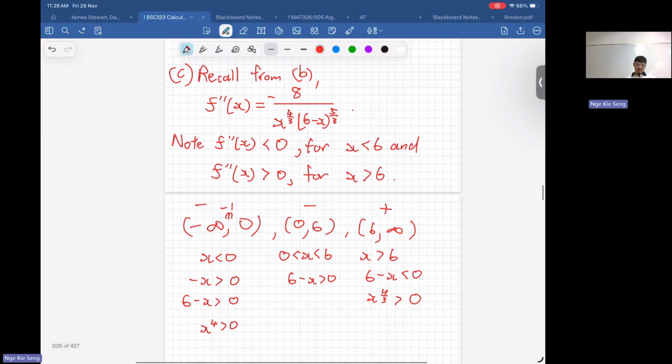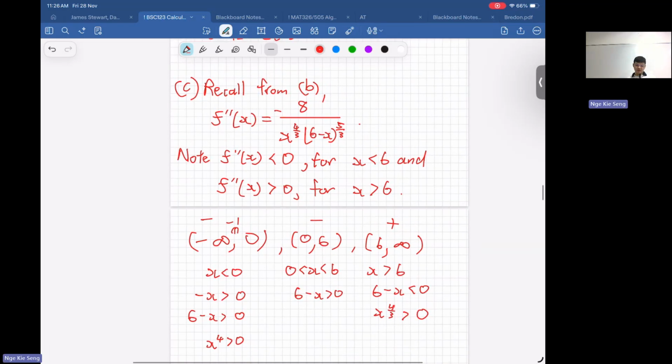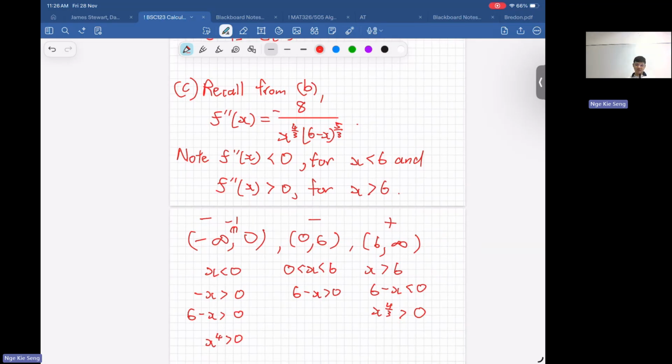But it says that it doesn't exist, right? But it really doesn't exist there. What's wrong here? Because this derivative is correct, also using the calculator. Is it an inflection point?